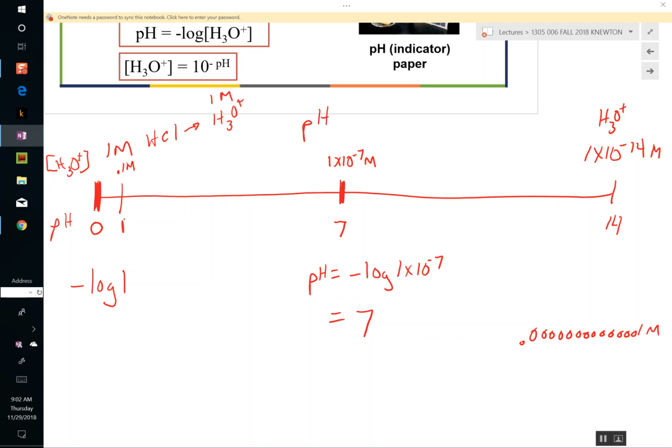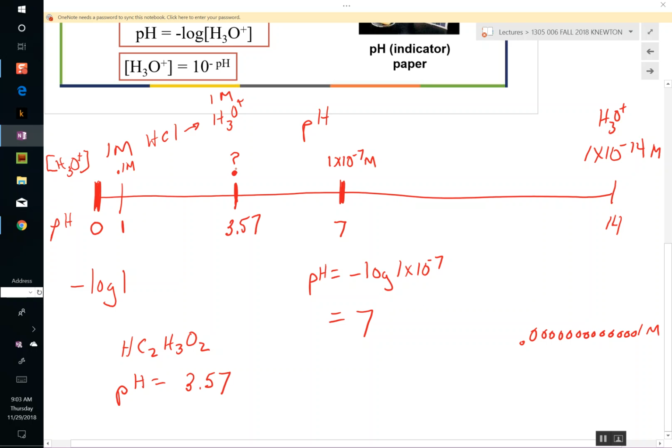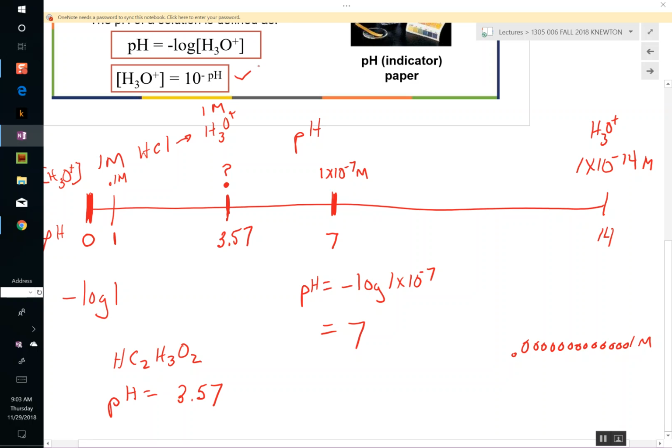Okay, now let's take vinegar, and let's say we got our pH meter, and we found out that the pH of this was 3.57. So we know we got a pH here, right about here, of 3.57. And what do we want to know? We want to know the hydronium ion concentration. Okay, now that's where we got to use this equation.